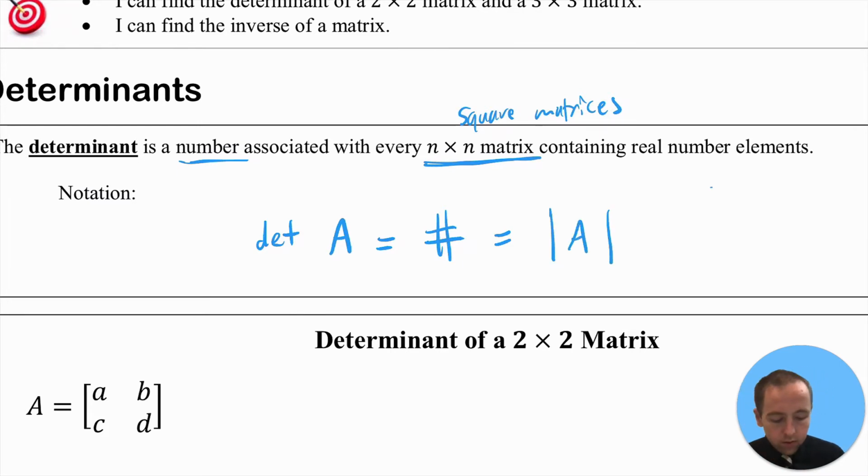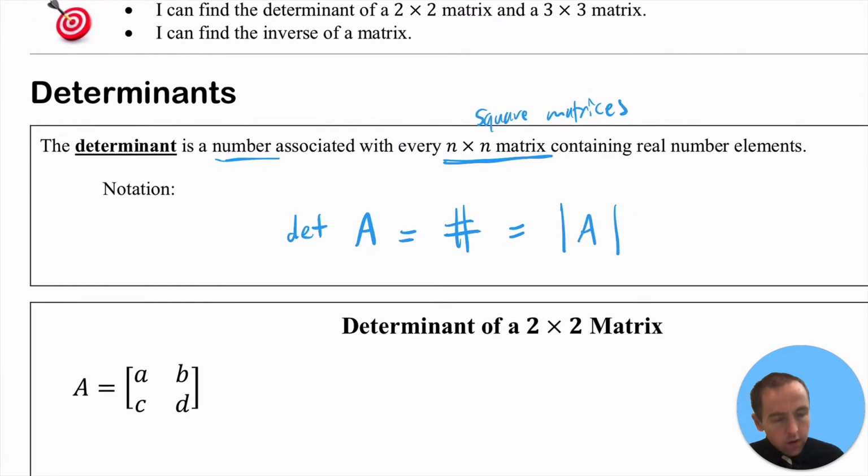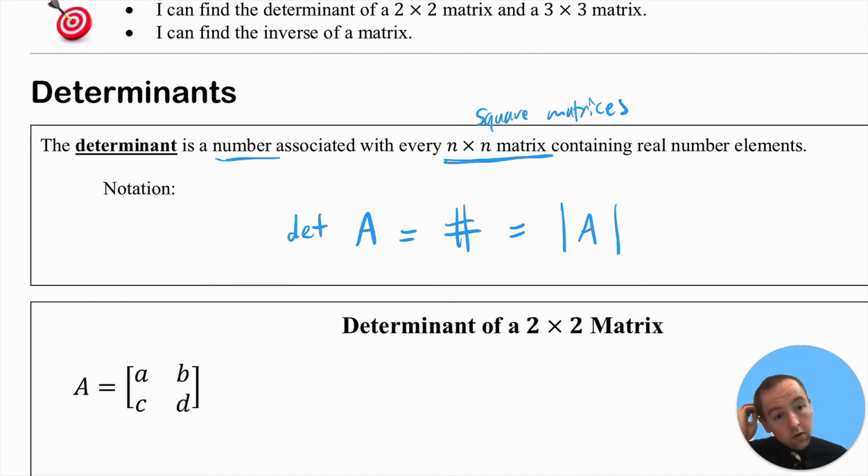It looks similar to absolute value, right? Because we also use bars for absolute value. But note that it doesn't mean absolute value here. We're using the bars to mean something different, even though they're the same symbols. So these are a couple of common ways that we'll express the determinant of a matrix.